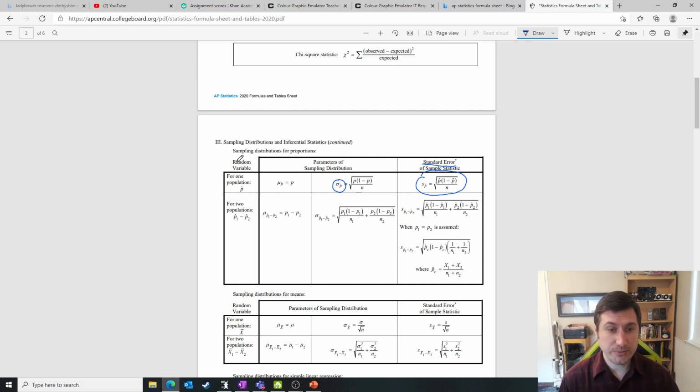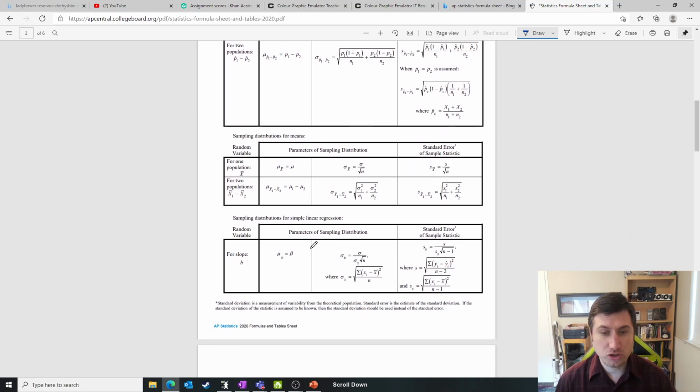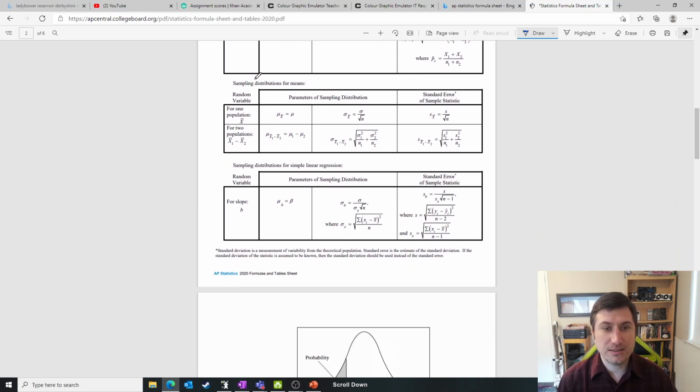But we're not using this one, because that was for proportions. We want it for means. So we got to scroll down. Here is the sampling distribution for means, and our standard error right here is the standard deviation S divided by the square root of n.